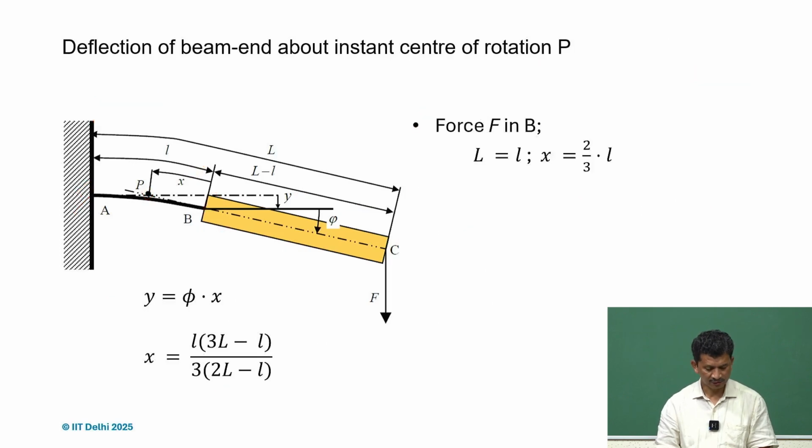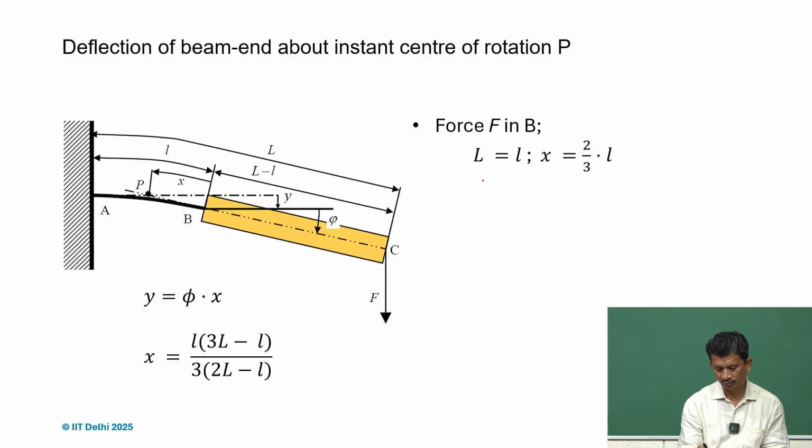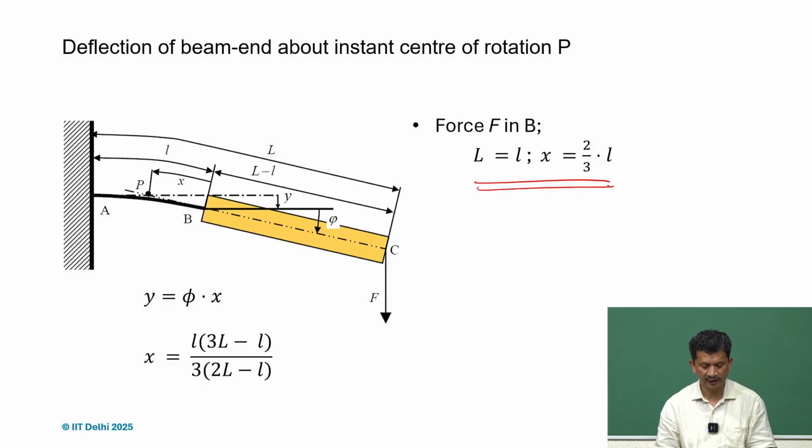What happens if the force is only applied at B, not at C? Force is acting at B, so there will be no bending moment.